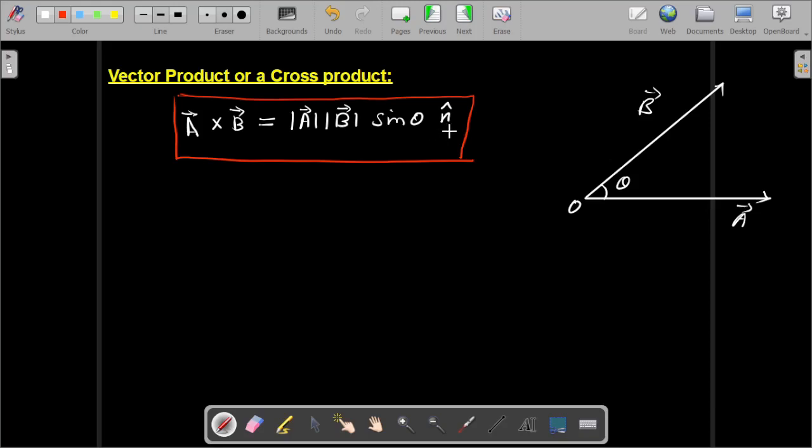The direction of this unit vector will be perpendicular to the plane where the vectors A and B are situated.